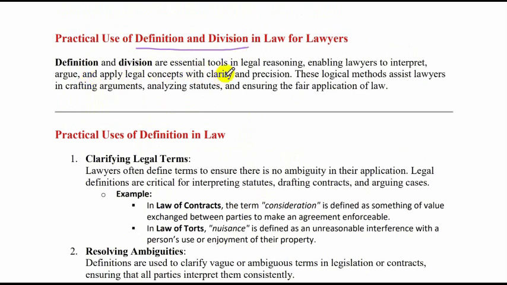Definition and division are essential tools in legal reasoning, enabling lawyers to interpret, argue, and apply legal concepts with clarity and precision. These logical methods assist lawyers in crafting arguments, analyzing statutes, and ensuring the fair application of law.